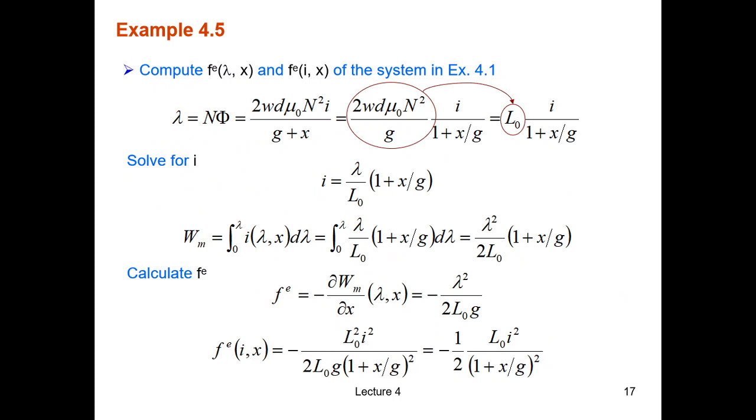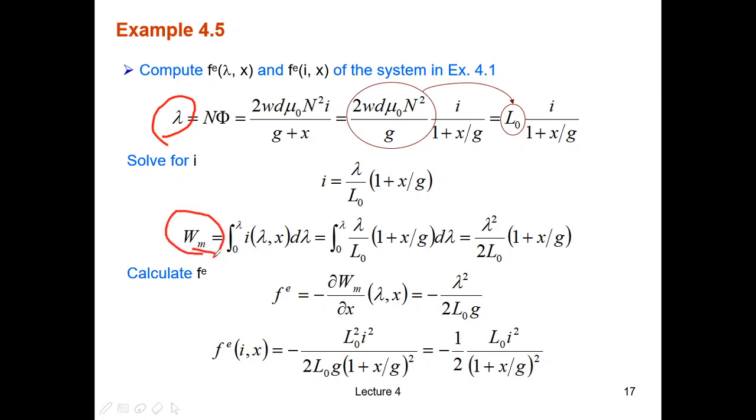So we get back to example 4.1, where we already had the expression for lambda. Lambda is a function of I and x, and we will solve for I. So I will be a function of lambda and x, and therefore we can plug I into this expression to calculate the Wm.